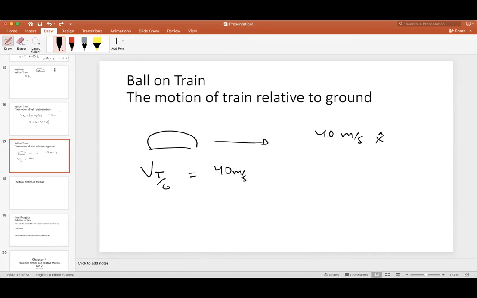Trying to think, how do I want to do this? Since I'm being weird. V in the x direction is x over t, which is, let's say, 40 meters per second.